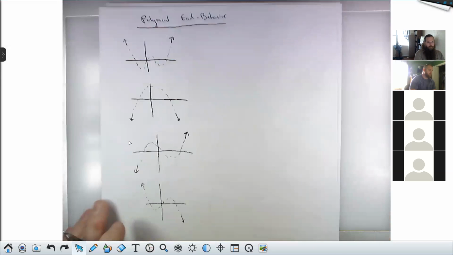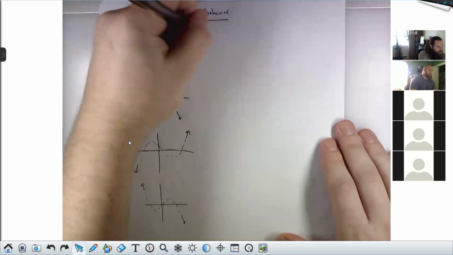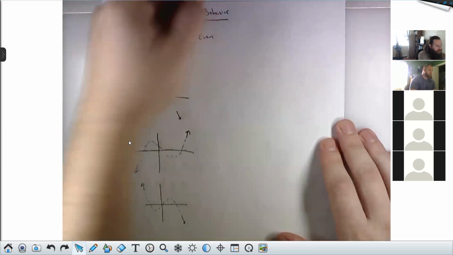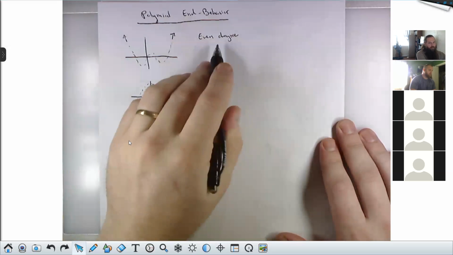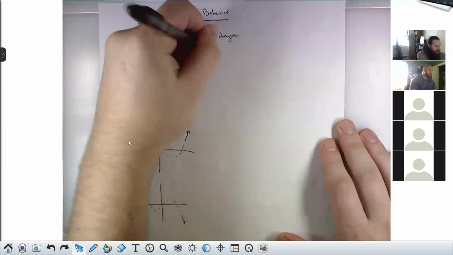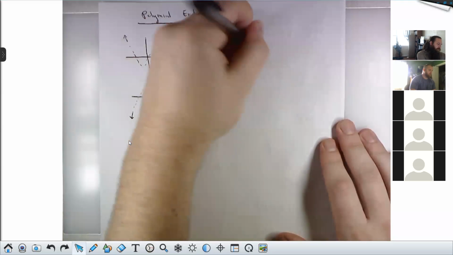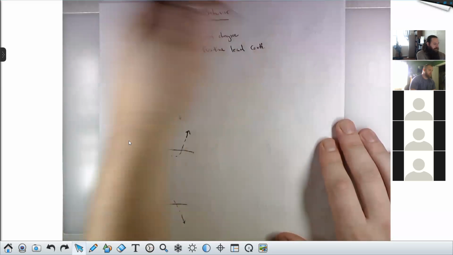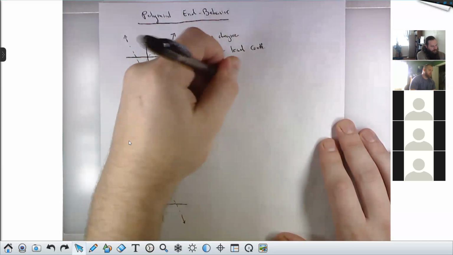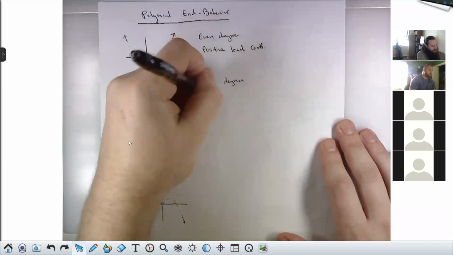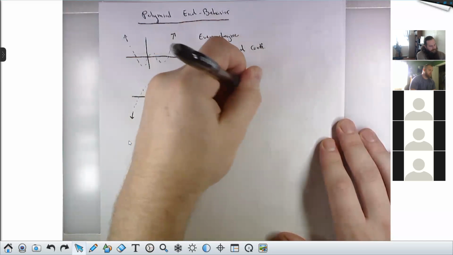And it's determined by the degree and the sign of the lead coefficient. This is an even degree, so like the biggest power of x is x squared, and a positive lead coefficient. This next one is an even degree and a negative lead coefficient.